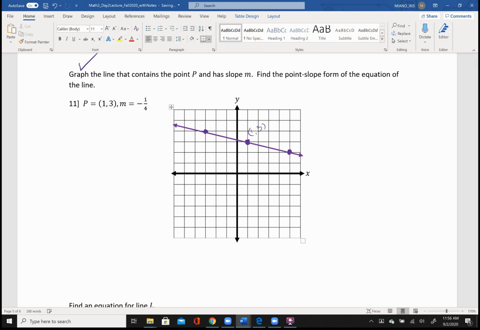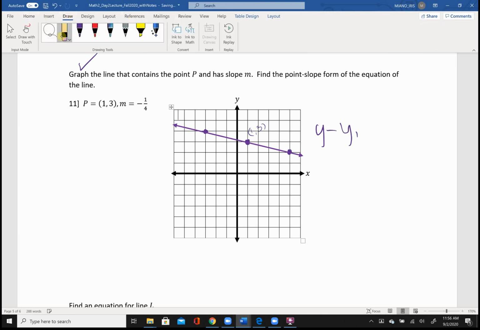And then find the point slope form of the equation. Okay, that's easy. I just plug in my point and my slope into this equation: y minus y1 equals m times the quantity x minus x1. So literally just plug in your x1, y1, and your m.